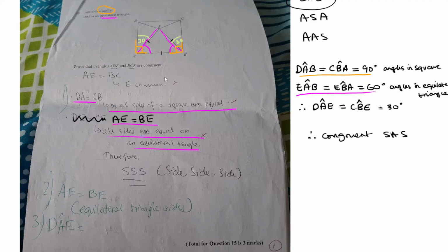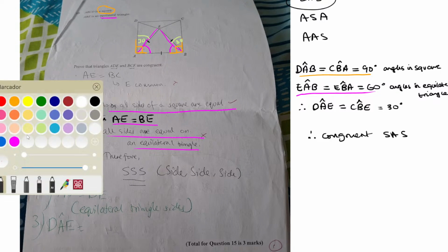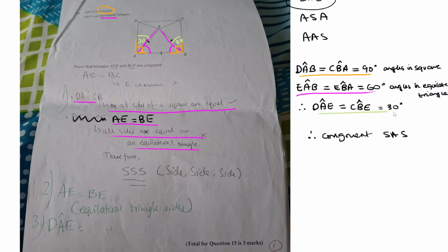Again, I know that's still outside of the triangles we're looking for. Then I link it to my triangle with the green bit, this pale green bit here.